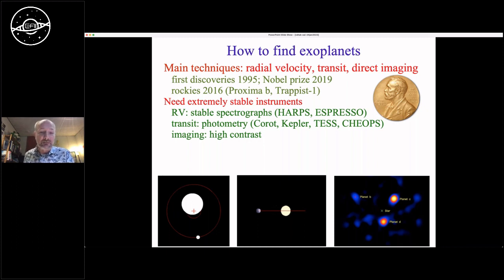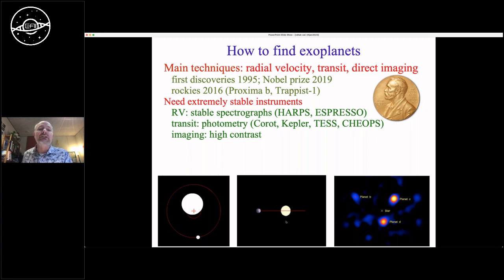To see these planets, we need extremely stable instruments. To see these velocities, we need very good measurements of velocities of stars, and this can be done these days. It can be done very well from the ground with not even such large telescopes. The main thing we need is stable velocity measurements. Transits need very good photometry.